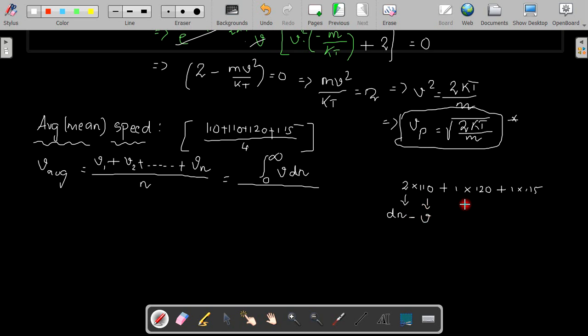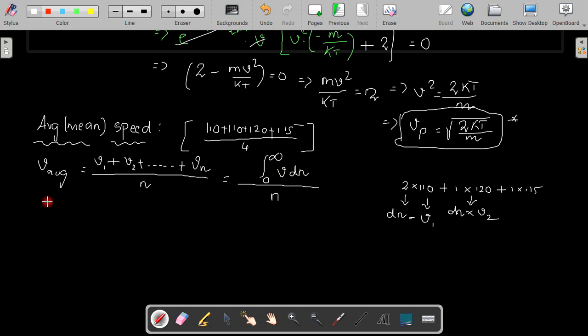So if we keep on adding them up, we can use this concept of integration and find out the total, with this much velocity. So we will divide this by n. So this is for a gas which is having n number of molecules, okay. So this is the basic idea for this, okay.